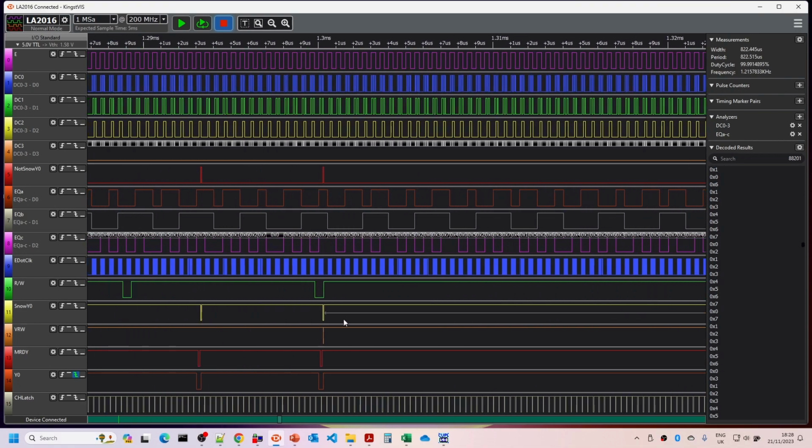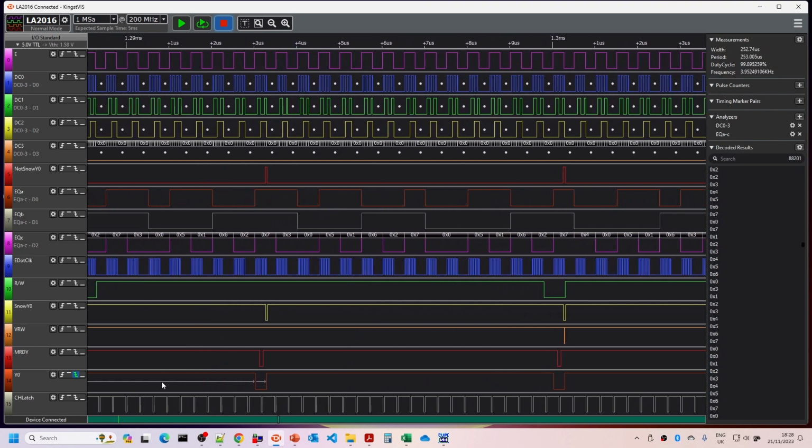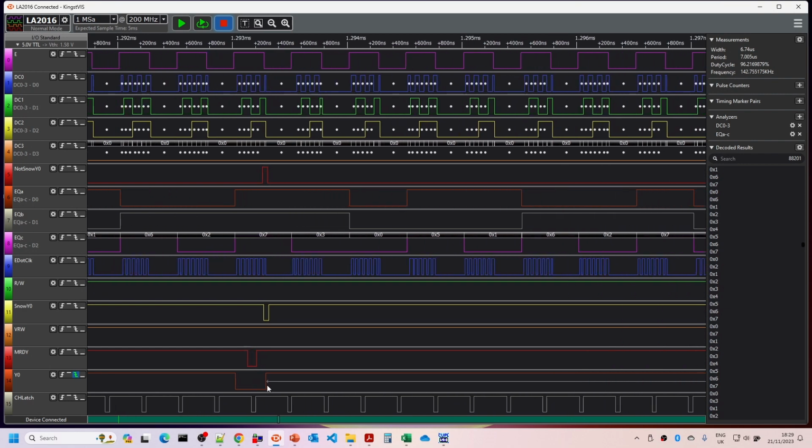What we have here is a read followed by a write. And we can see here the original Y0 signal, which is just coming from the address select for the video RAM combined with the E signal, and then it goes low. So effectively this is indicating that the CPU is trying to access the video RAM.